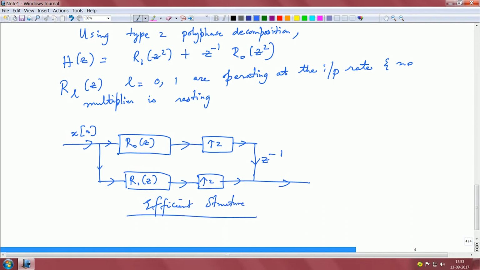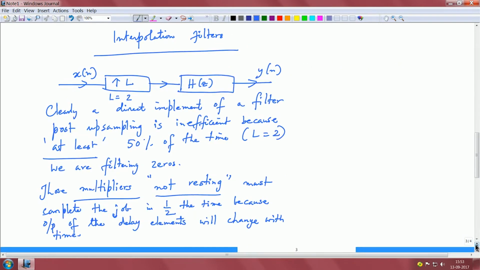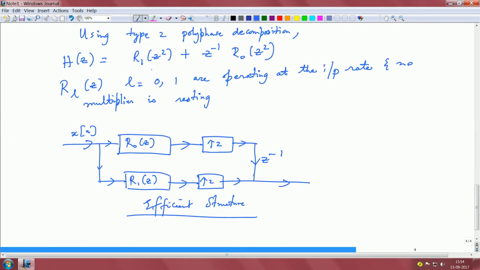Okay. So what we did, if you just recall here, we had an upsampling by 2 followed by filtering, right, and the filter we do a polyphase decomposition as follows.